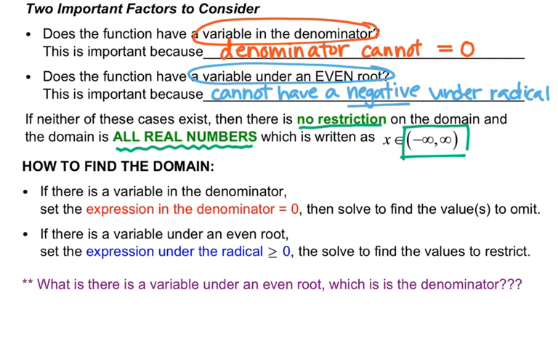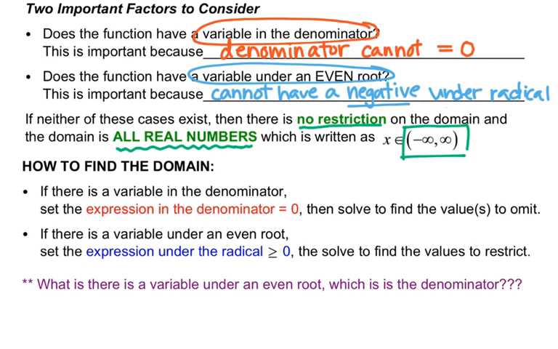The other way we deal with this is if we have a variable under an even root. Well, that means that expression under the radical, or the radicand, needs to be greater than or equal to 0. And so then we'll solve this. That lets us know which values we need to restrict.